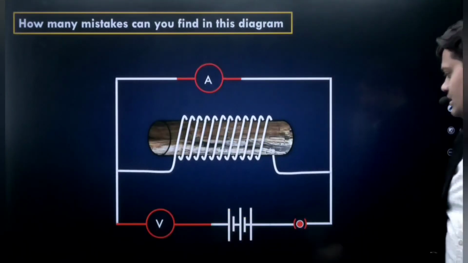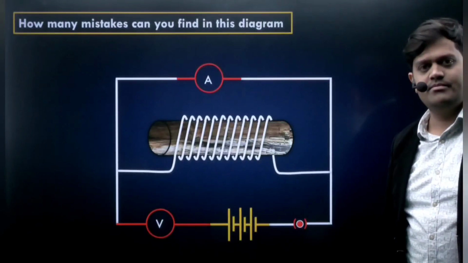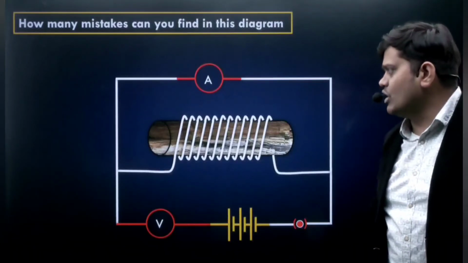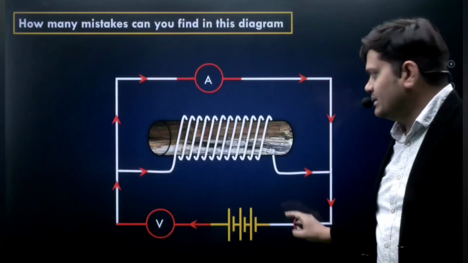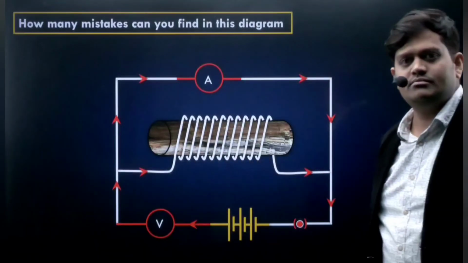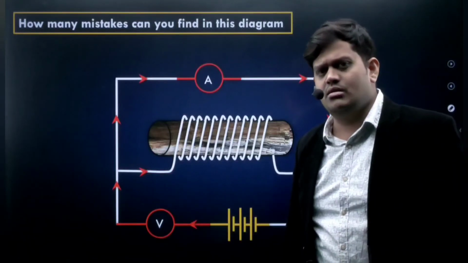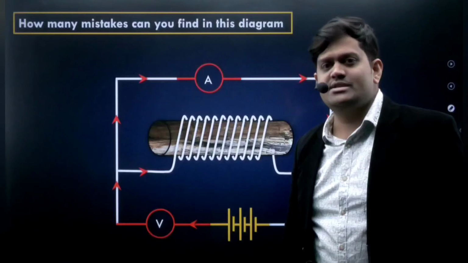Next one is the cell. The proper symbol is this, cell or battery, okay, right? The next one is the current. If the key is closed, then current is flowing, right? Here, voltmeter is connected in series. Is it right or wrong? It is wrong. Voltmeter is not connected in series.